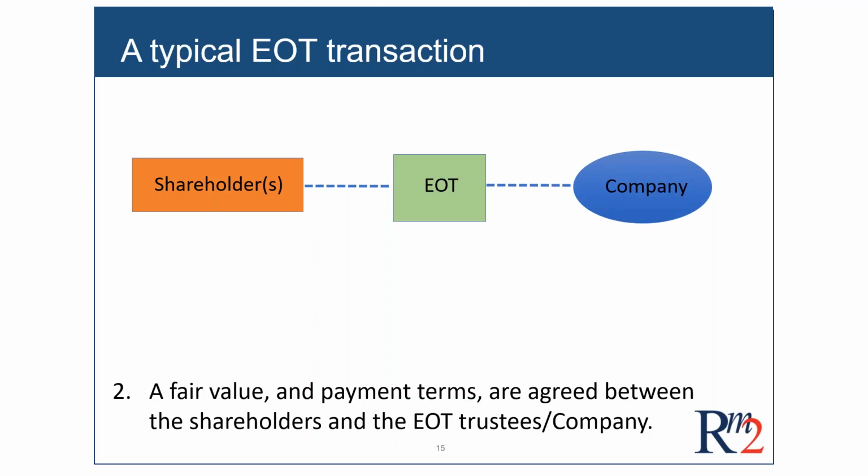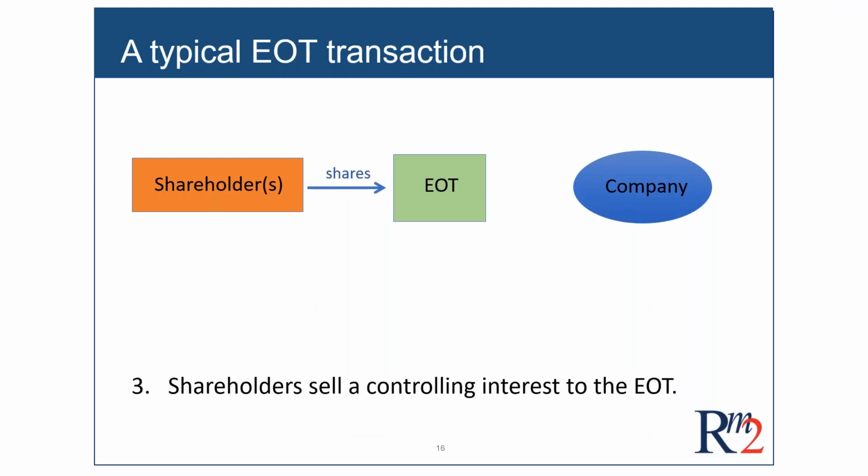The limit is that a trustee cannot pay more than fair value for the business, and that's usually decided by a valuation of the business. Payment terms will be set up, and everything will be agreed between the shareholders, the trustee and the company.